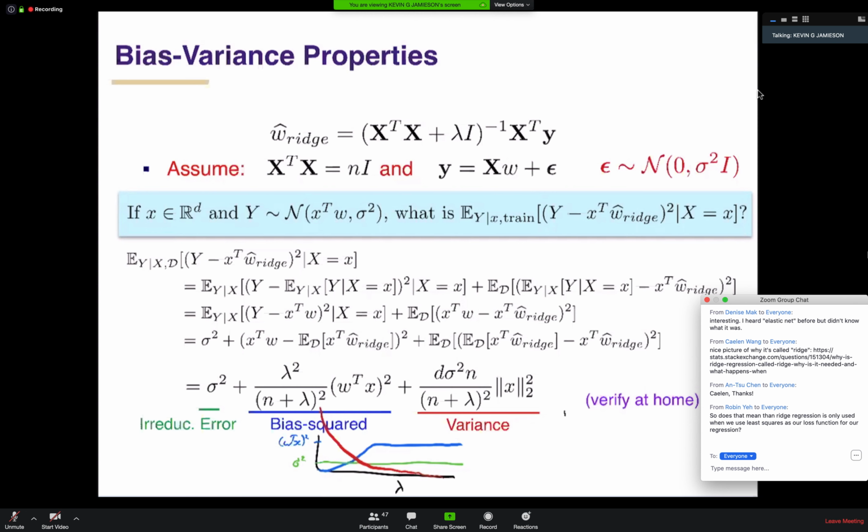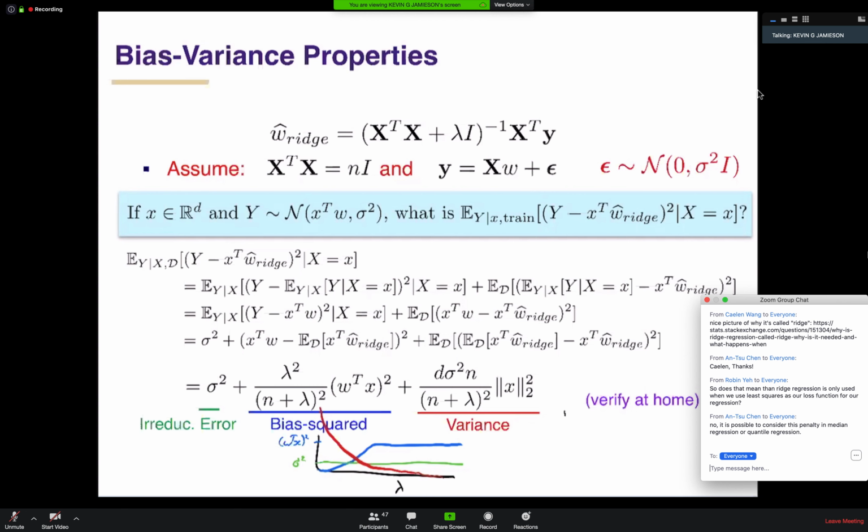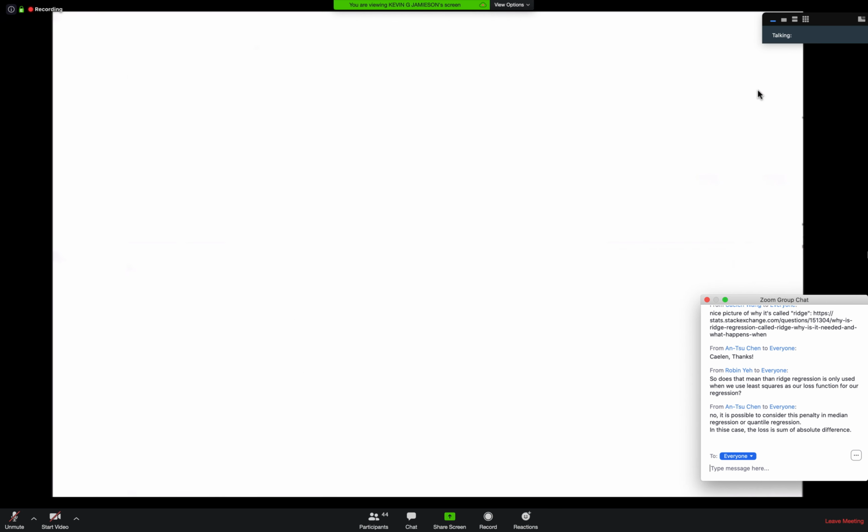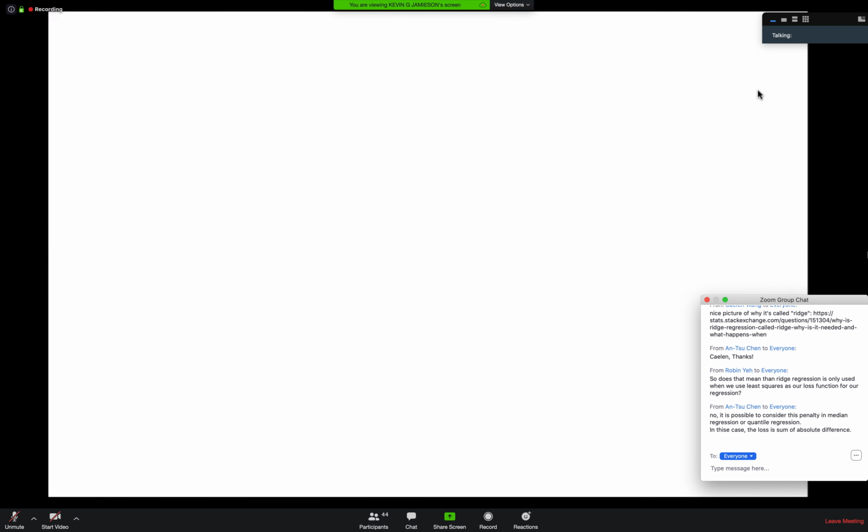But what's so bizarre about Stein's paradox is that for any set of numbers, if you bias yourself towards 0, if you do this ridge estimate, explicitly what I mean by that is this.